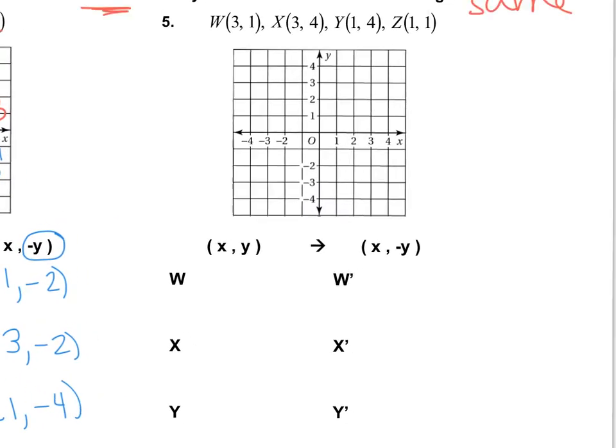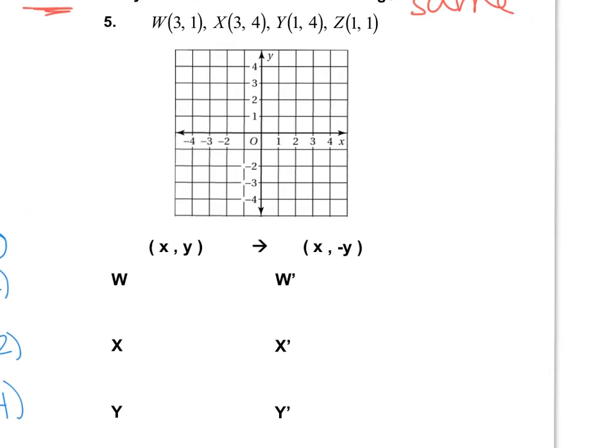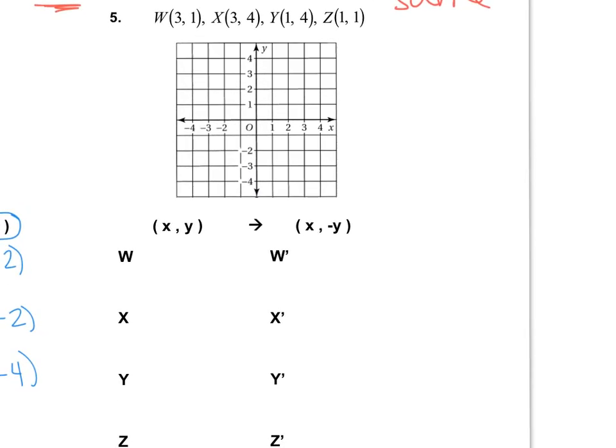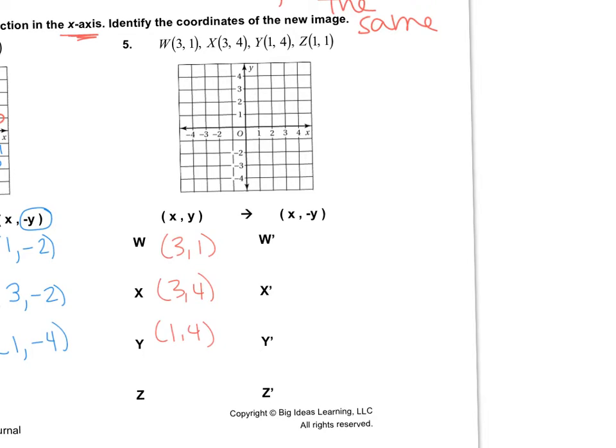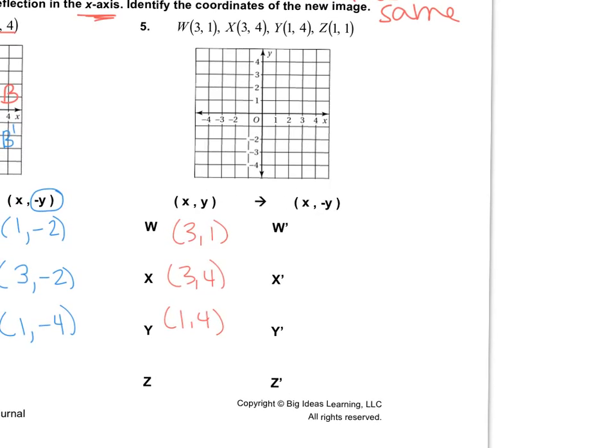Okay, next one, number 5. Let's write the original coordinates that were given. So W is 3, 1, X is 3, 4, Y is 1, 4, and Z is going to be 1, 1.